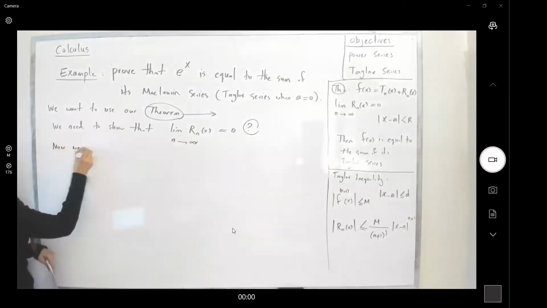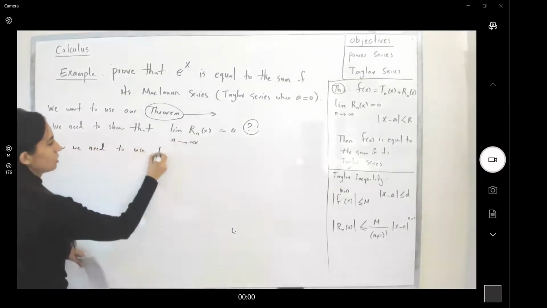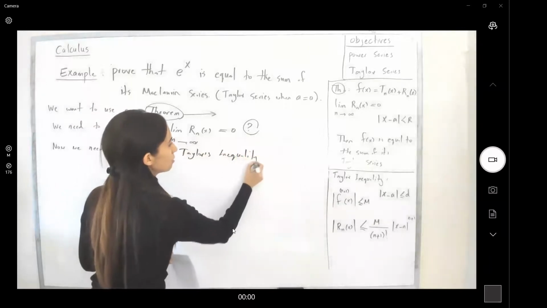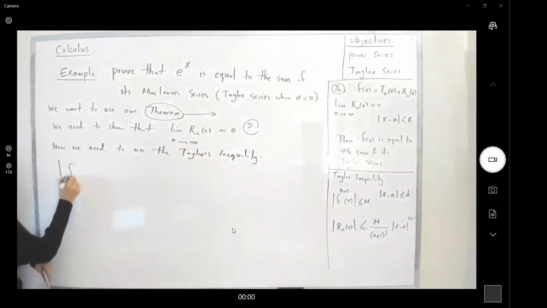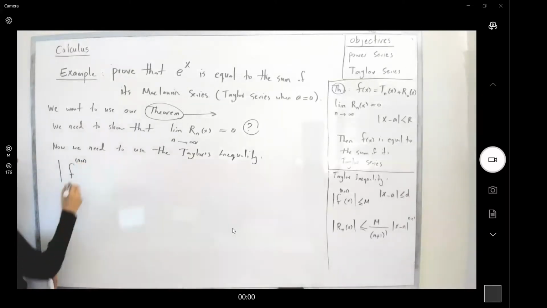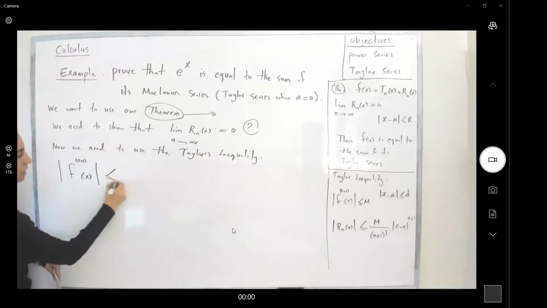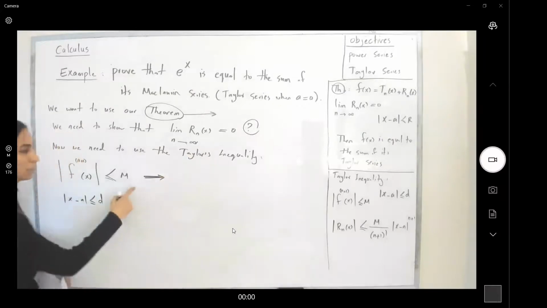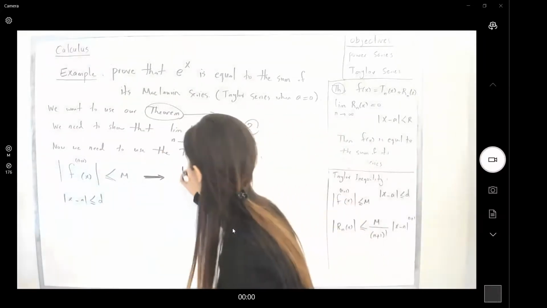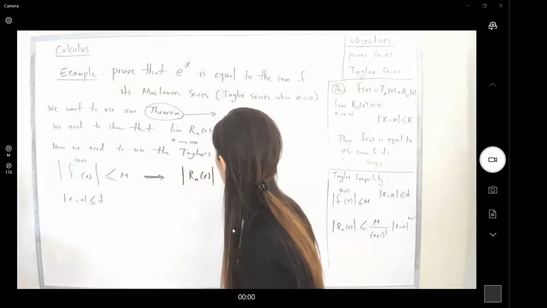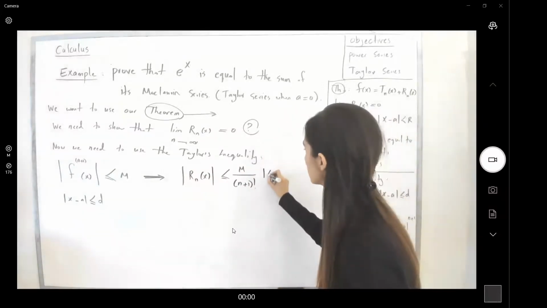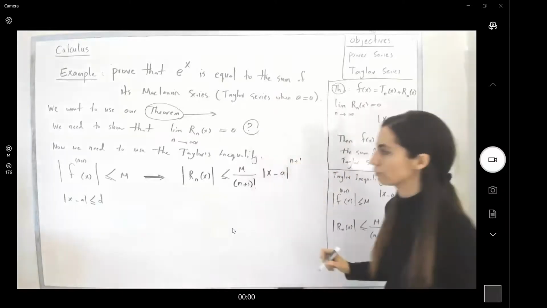Now, we need to use Taylor's inequality, which tells us that if the n plus 1 derivative of our function is less than or equal to M on |x minus a| less than or equal to d, remember that d is just a positive number, then this concludes that our remainder is bounded by M divided by (n plus 1) factorial times |x minus a| to the power n plus 1.